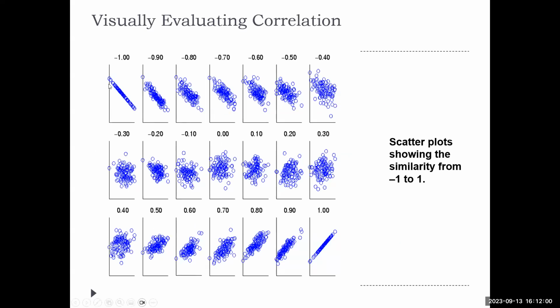So if you look at this, this is x, this is y. So how x and y change with respect to each other. In this case, as x increases, y decreases. So they are inversely related, and the correlation is -1. But as x increases, y also increases, so this is a perfect case, and it is 1.